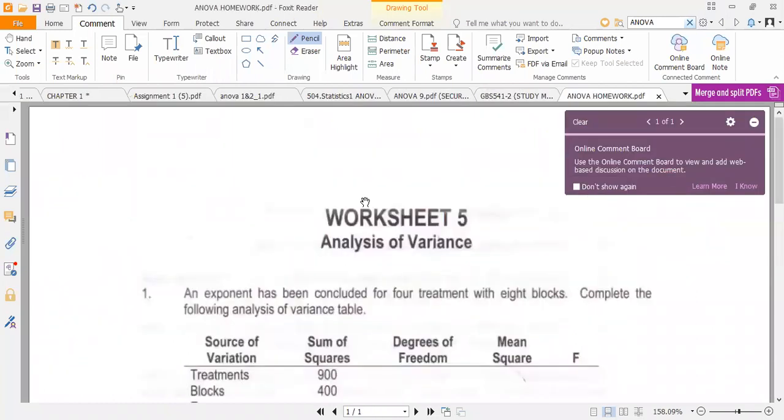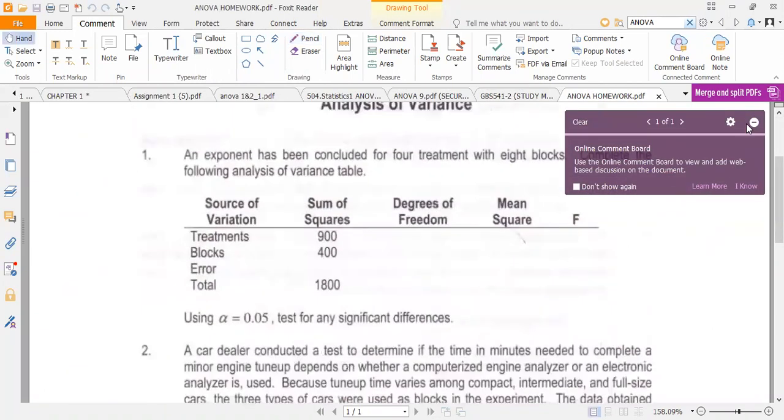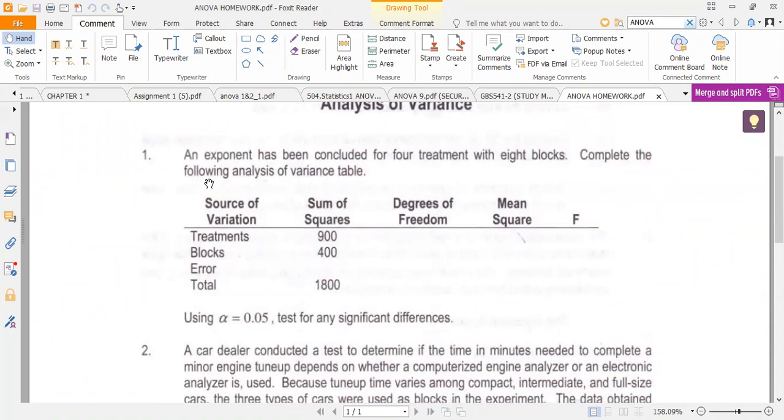I gave your colleagues who attended this first class this small homework here. An experiment has been conducted for 4 treatments and 8 blocks. So meaning we've been given some data there. Complete the following analysis of variance table.